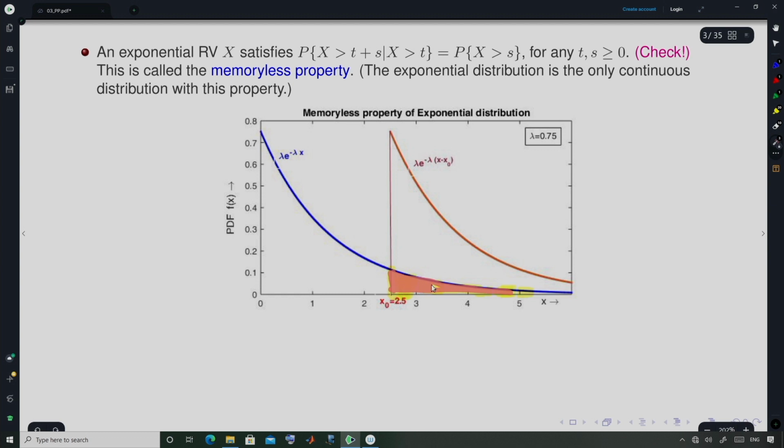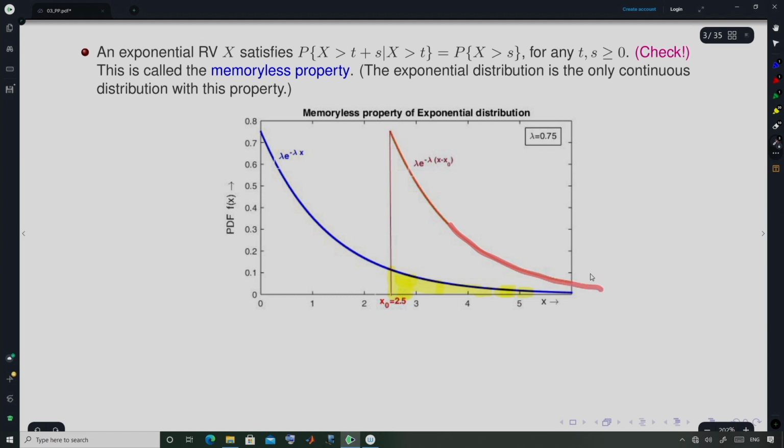In order to make this a genuine density function, you have to scale it by the area of this portion, which is e to the power minus lambda x naught. If you do that and plot the function, it will look like this.